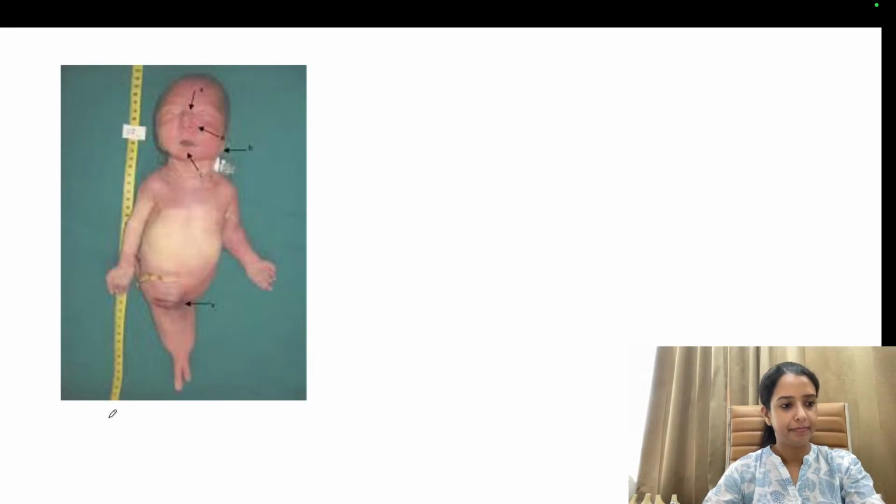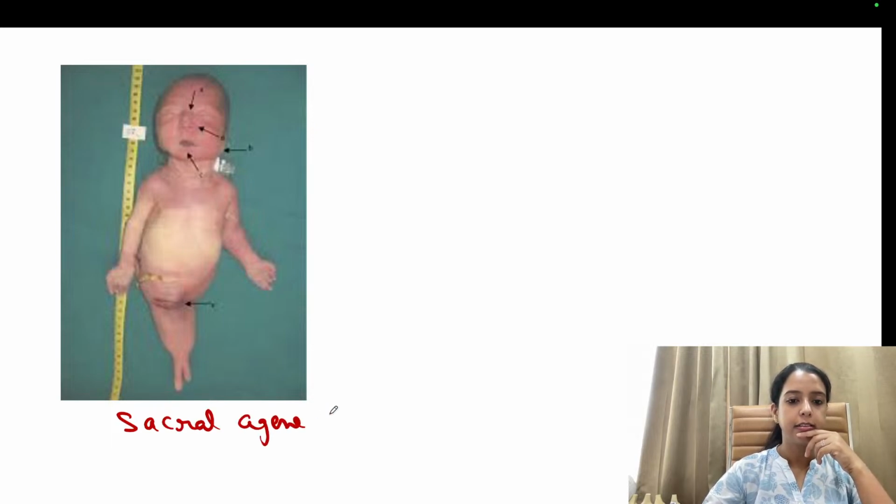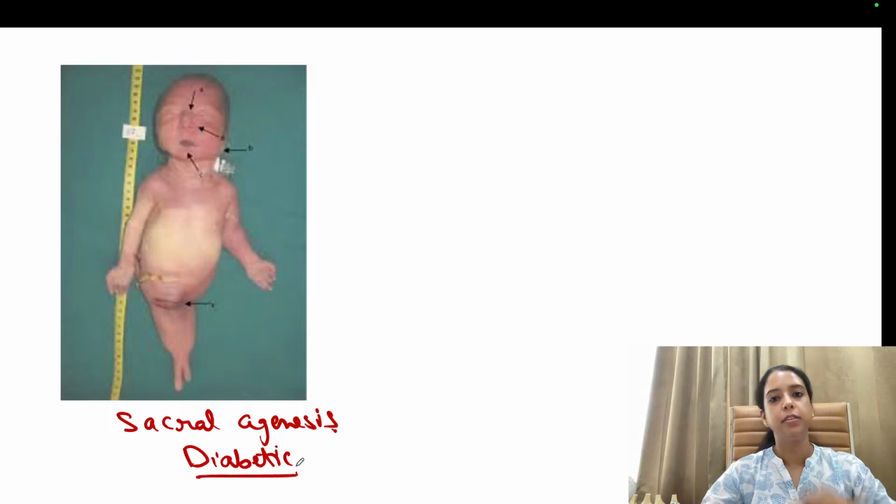Anybody? Yes? What is this problem? This is sacral agenesis or syringomyelia. It is seen when the mother is diabetic. It is seen in diabetic mothers.